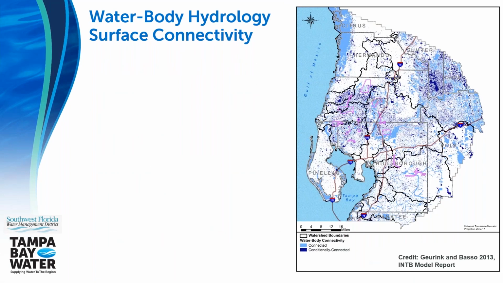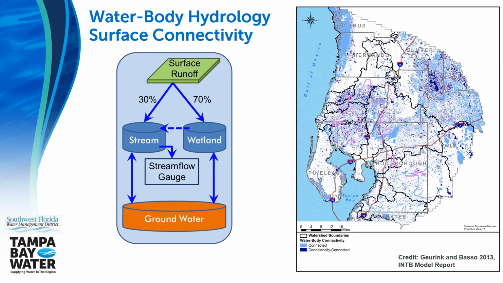Surface connectivity of water bodies is shown in the graphic. Light blue shows the connected water bodies. The dark blue shows the conditionally connected water bodies. Of the surface runoff from the uplands, 70% is directed to conditionally connected wetlands.